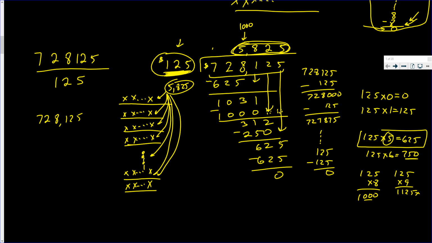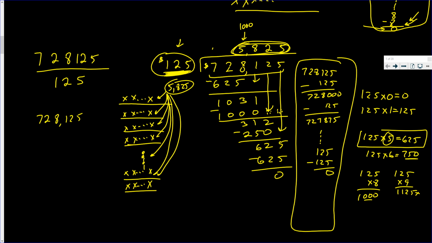Again, you can do it one at a time, one by one, but you're going to be there 5,825 times doing it. Why not take away more than one at a time? Take away a lot at a time. Here, when I put the 5, I took away 5,000 125s.